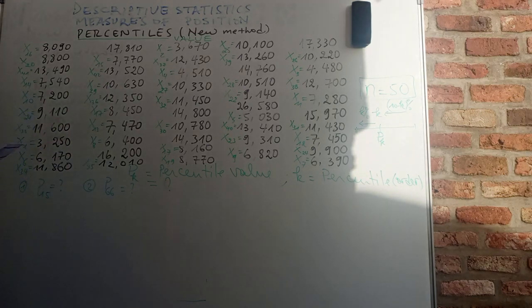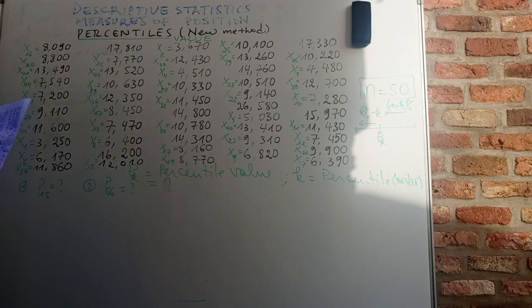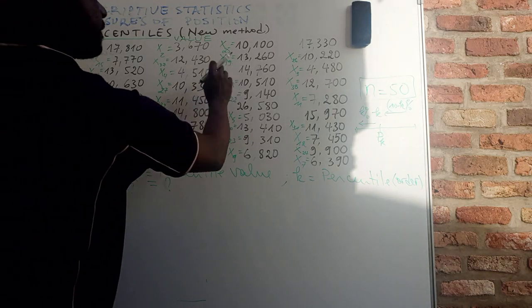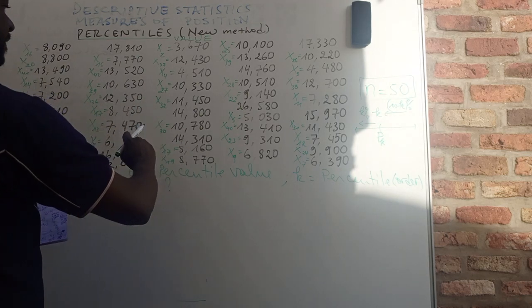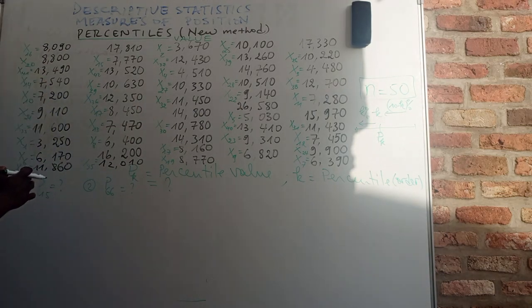Okay, so next is x sub 43. It is 14310. 14 here. Left with this, so this list is over. It's checked: 1, 2, 3, 4, 5, 6, 7, 8, 9, 10.